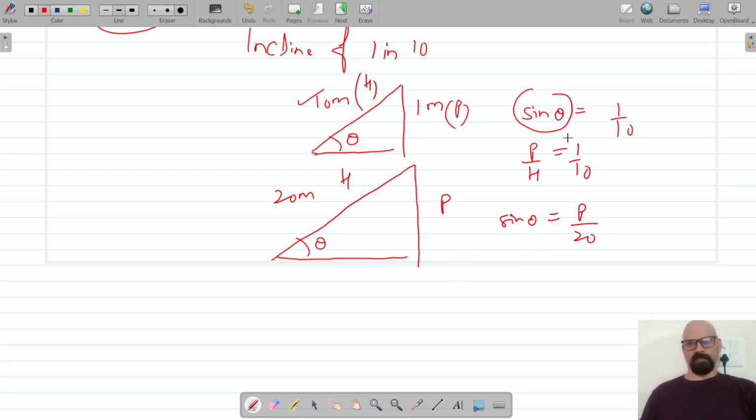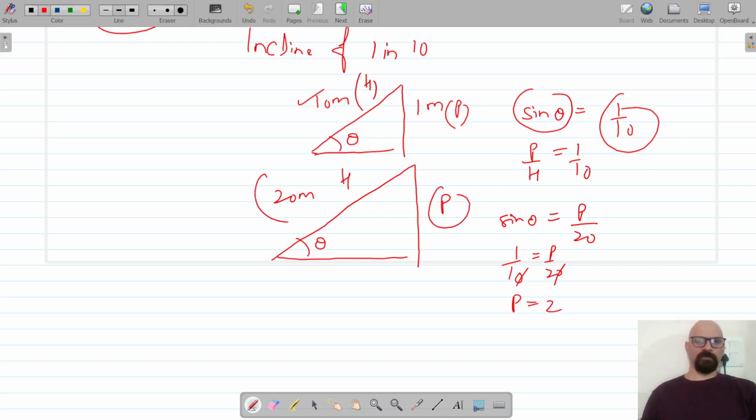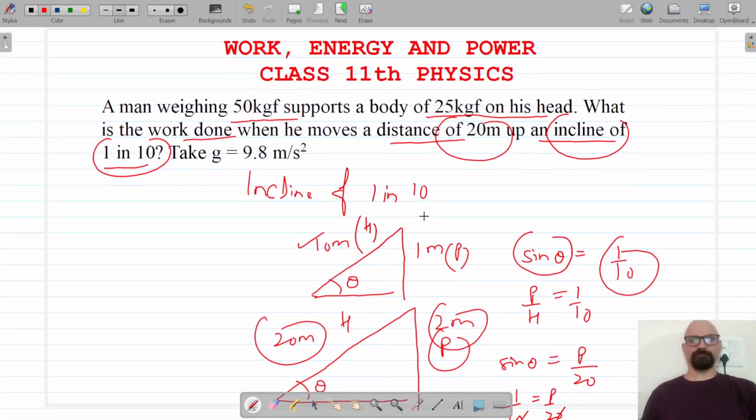Since sine theta is 1 by 10, we put in the values: 1 by 10 equals P by 20. So the perpendicular is 2. That means for moving a distance of 20 meters, it covers a vertical distance of 2 meters.